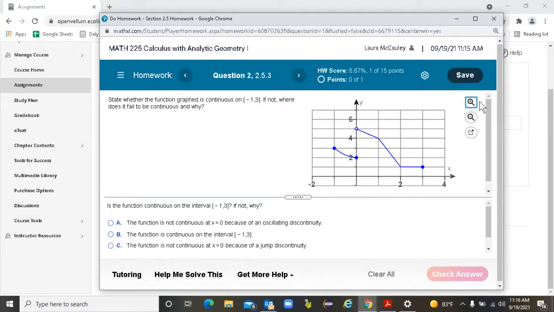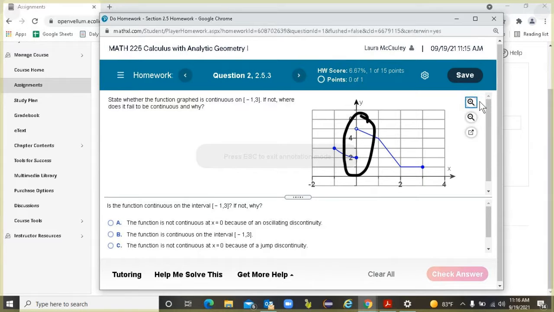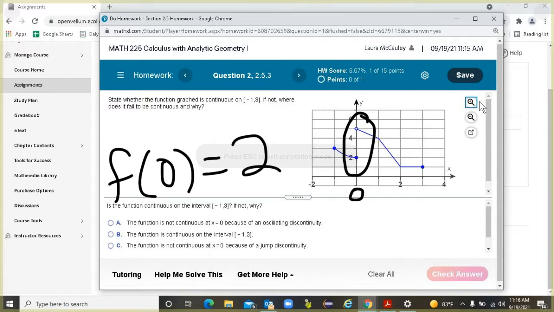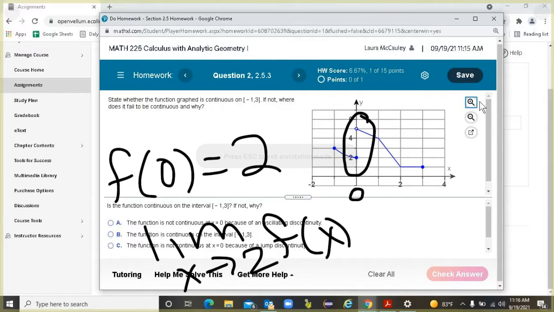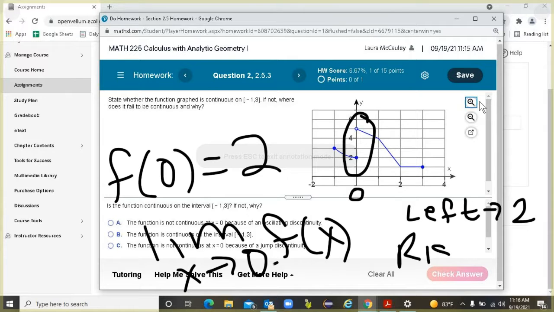But now let's look at right here at 0. Notice if you plug in a 0, you get 2. However, if you think about the limit as you approach 0, notice coming in from the left, it's actually going to 2, but coming in from the right, it's going to 5.